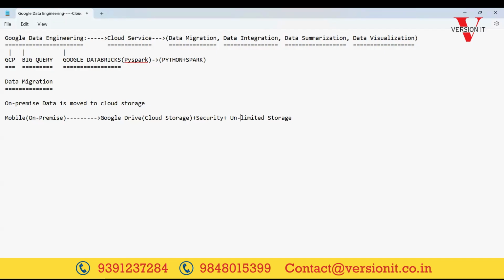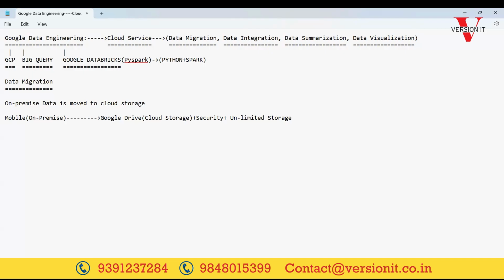Of course: 32 GB, 64 GB, 128 GB, 256 GB, 512 GB, that's it. There is no mobile beyond 512 GB in the market right now, I believe. Am I right?